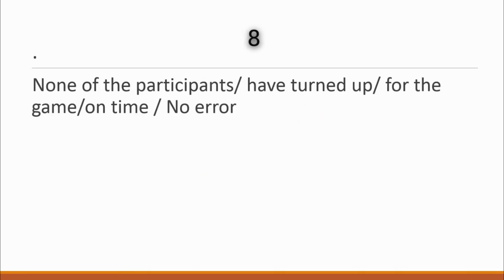The next sentence we have is, none of the participants have turned up for the game on time. Now what is the error here? Now the error here can be found out easily if you know that none, each, everyone, these kinds of words should always take a singular verb, and thus the error is here in the subject verb agreement.